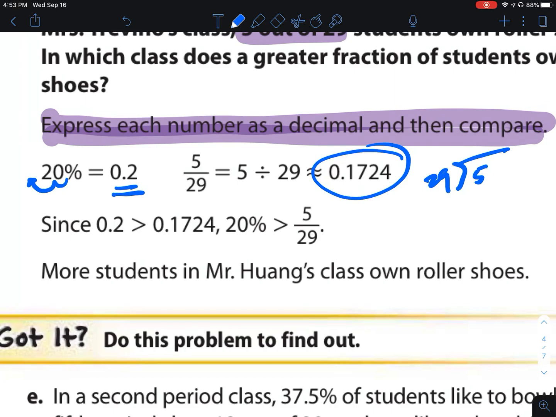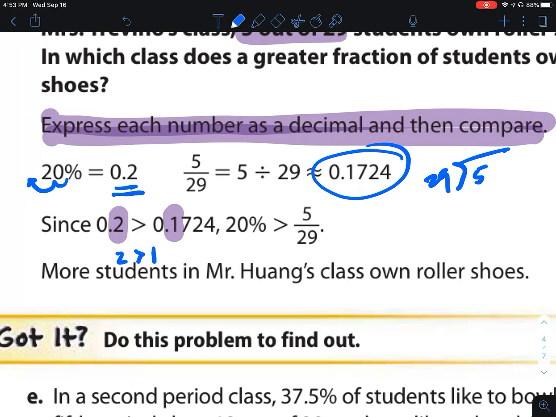And if you look at the two numbers, we know that 0.2 is greater than 0.1724 because you have 2 in the tenths place and only 1 in the tenths place for 0.1724. And we know that 2 will always be greater than 1, and that's the reason why 0.2 is greater than 0.1724.